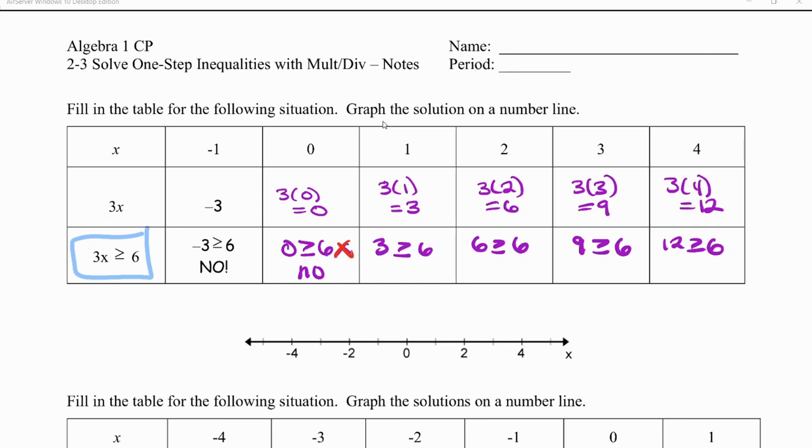So x equals 0 is not a possible solution. 3 is not greater than or equal to 6, so x equals 1 is not a possible solution. 6 is greater than or equal to 6. 9 is greater than or equal to 6. And 12 is greater than or equal to 6.